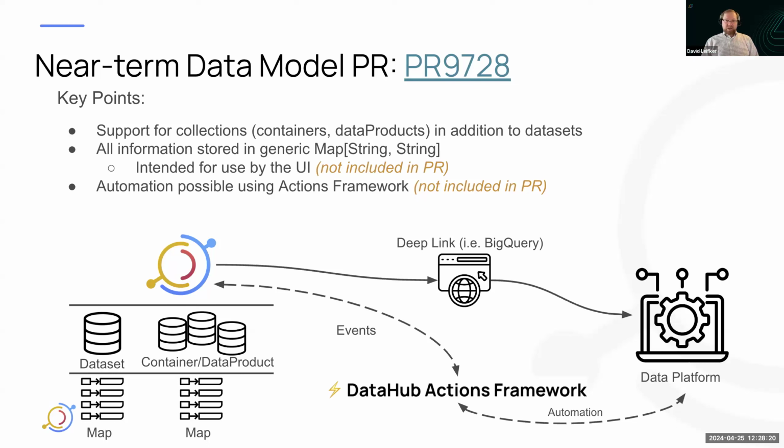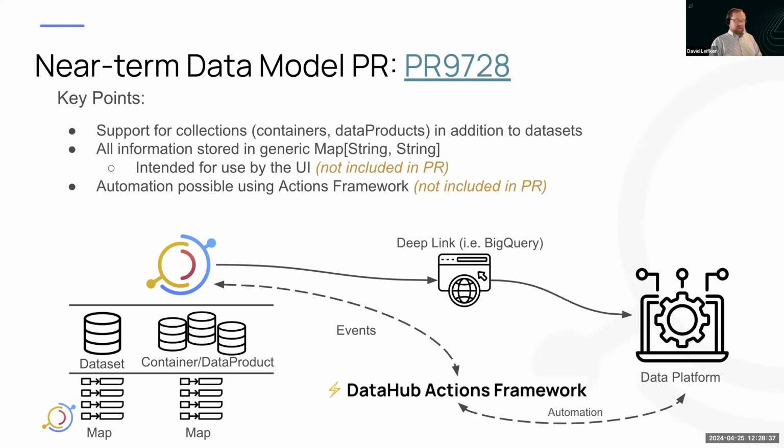The data modeling piece stores a bunch of this information, the request status and all this information, in a generic map of strings. And just calling back, this particular PR doesn't include the UI components.